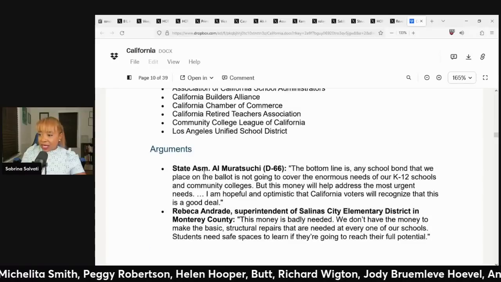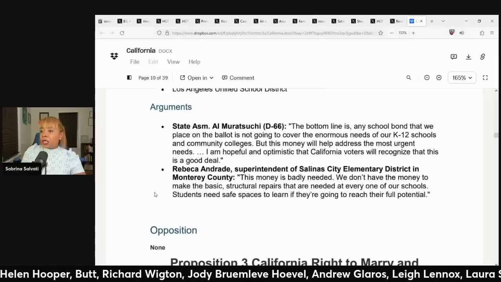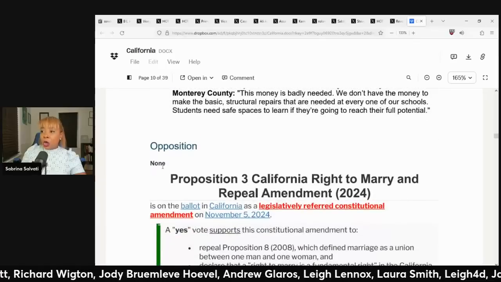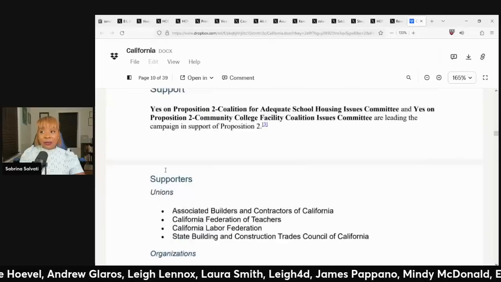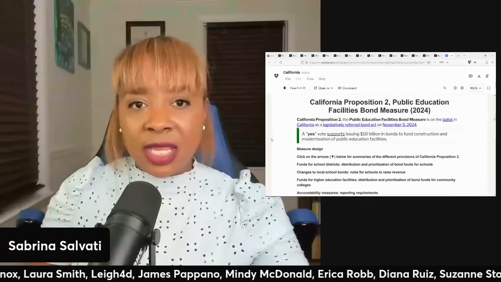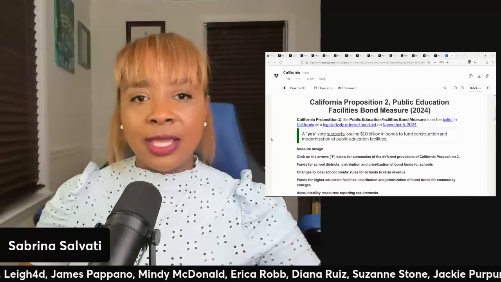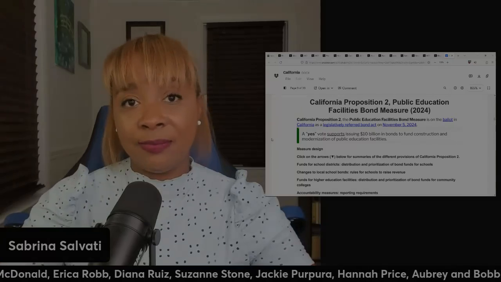That's coming from Assemblymember Al Muratsuchi. And there's no opposition to that one so far. So as long as that remains and there's not big money interests spent to defeat it, that will probably most likely pass. But again, it's up to the voters to come out and vote for that.